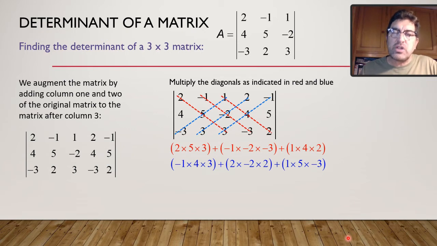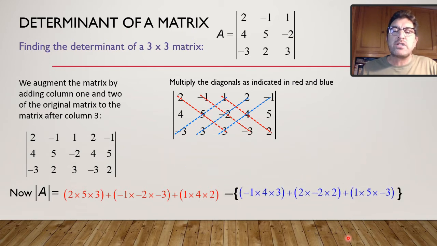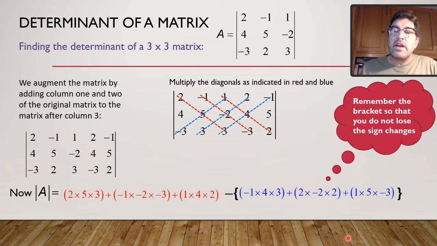Okay, so it's literally just multiplying like you did in primary school. You're multiplying things together. So now for the determinant of this matrix, it's the red entries minus the blue entries, and remember the blue entries are placed in a bracket. Remember that bracket, folks. Don't forget it, because you're going to lose sign changes.